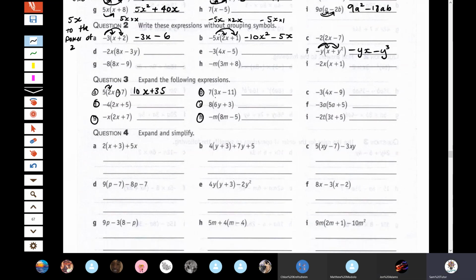They won't simplify because you can't add 10 apples with 35. 35 what? 35 cars, hats, apples? It doesn't say. So you can't add unlike terms, and that's why that just stays as the final answer.